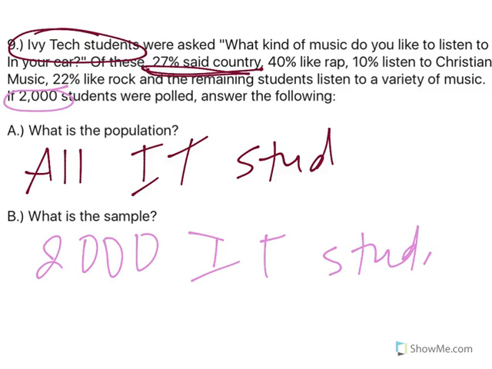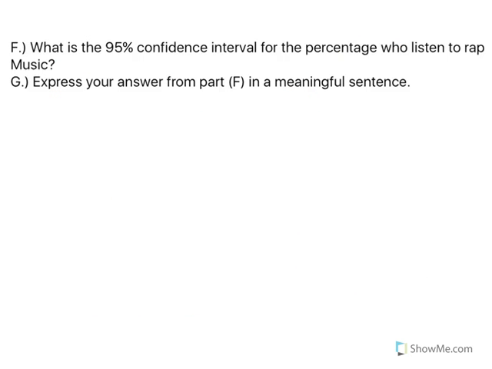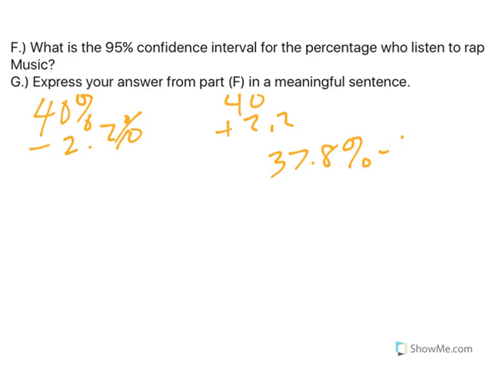Well, if we go back, you see that rap is 40%. So I take my 40% and I subtract 2.2%, and I take 40 and I add 2.2. So that 95% confidence interval would be 37.8% to 42.2%.